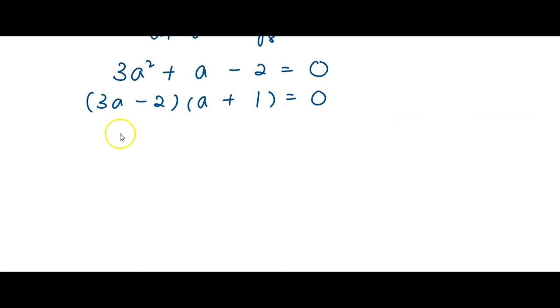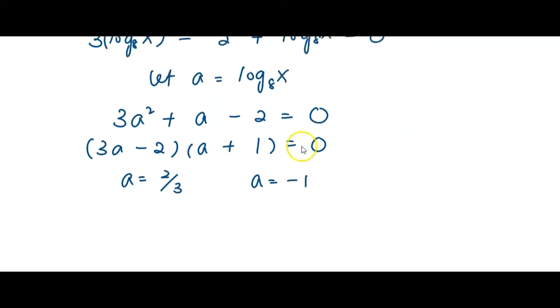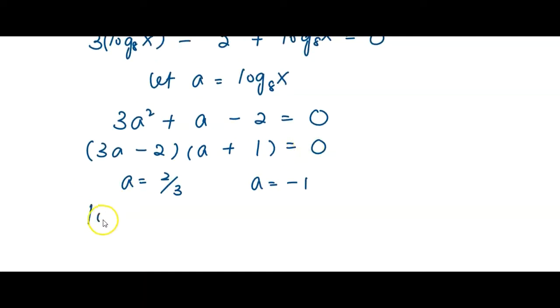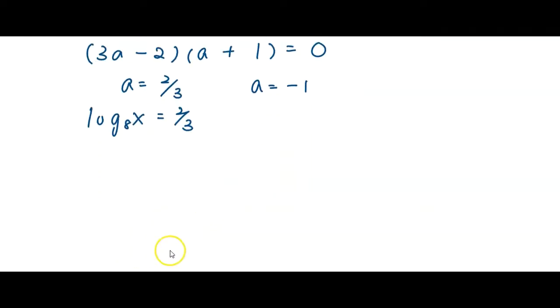Then after that, we have a equals 2 over 3, a equals negative 1. Substitute back the a as log x to the base of 8. Then solve for x. How do you solve for x? You are going to convert this log equation into index form.